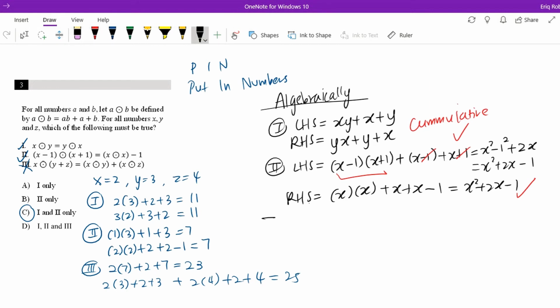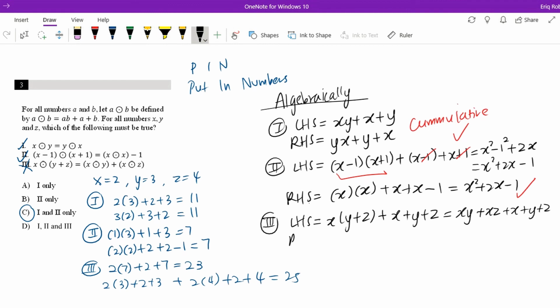So equation 2 is true. Then for equation 3, we have the left hand side equal to x times y plus z plus x plus y plus z, which gives us xy plus xz plus x plus y plus z.